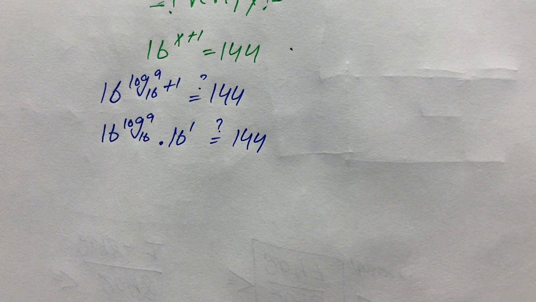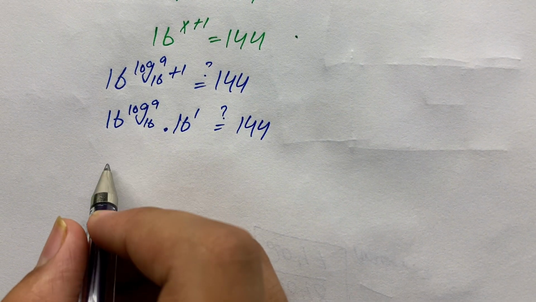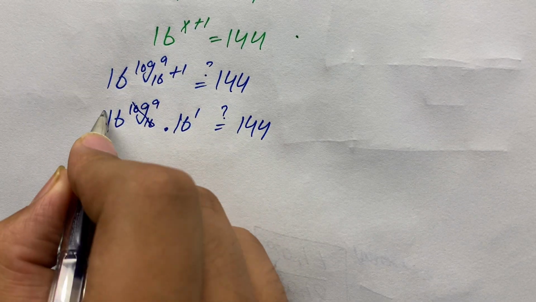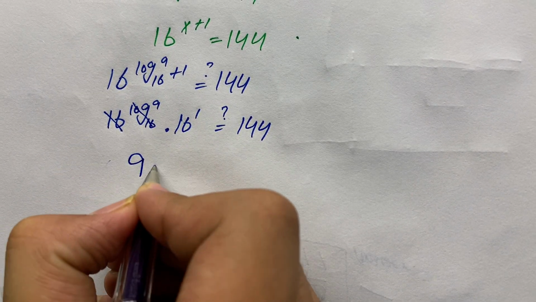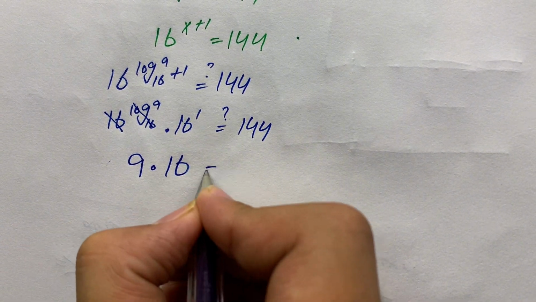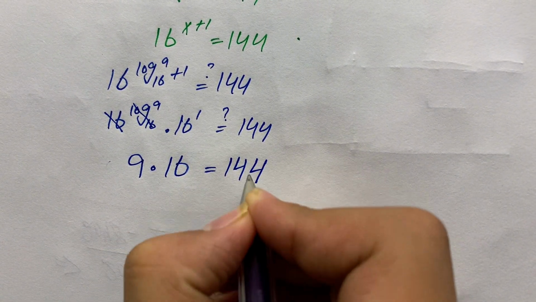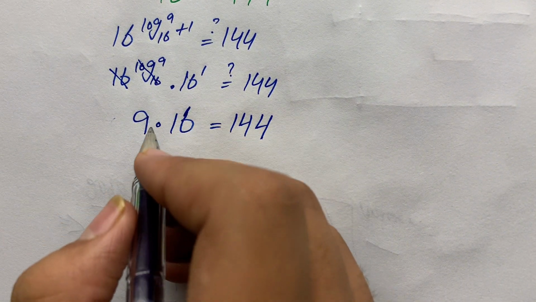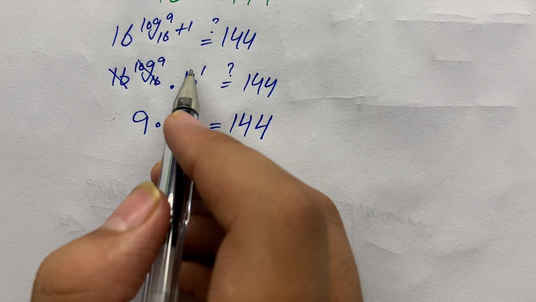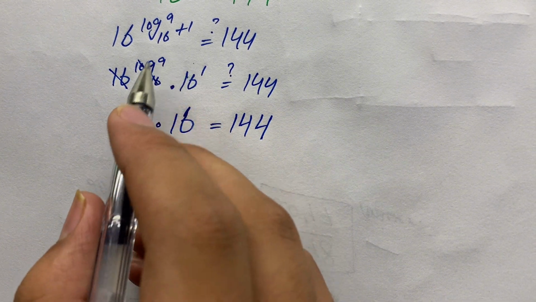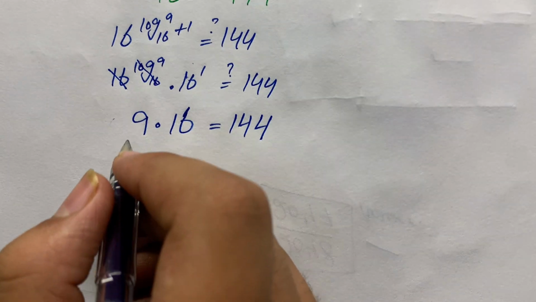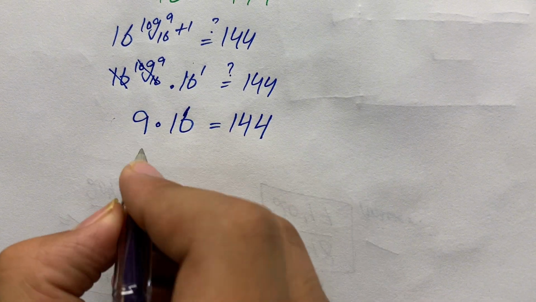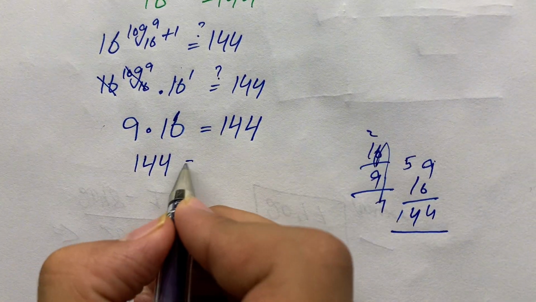Now in the next step we write, 16 cuts with this 16 and remains 9 times 16. In the next step, 9 times 16 is 144.